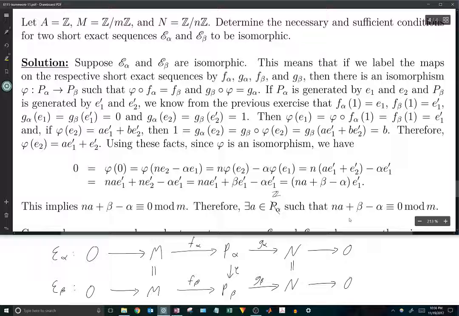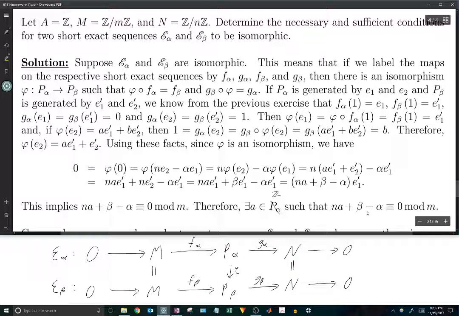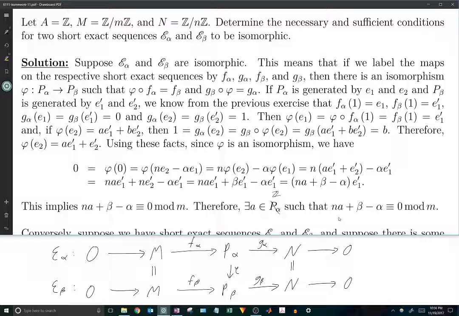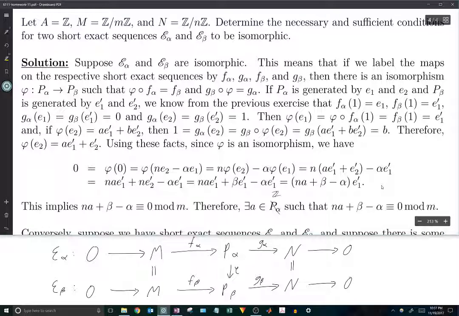I think there's another way of stating this, maybe that beta minus alpha is congruent to 0 mod d, where d is the greatest common divisor of m and n, because we got this n here. It's something like that. And that might be a little more straightforward, because you would expect there to be something going on with some special relation between m and n, like maybe involving their greatest common divisor, because one of the other previous problems involved the greatest common divisor.